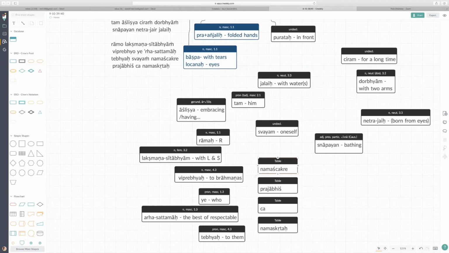Namaschakre. What is namaschakre? Namaha chakre. Yes, it is actually namaha chakre. There is a sandhi in between. So, what about chakre? What is that? Anybody?